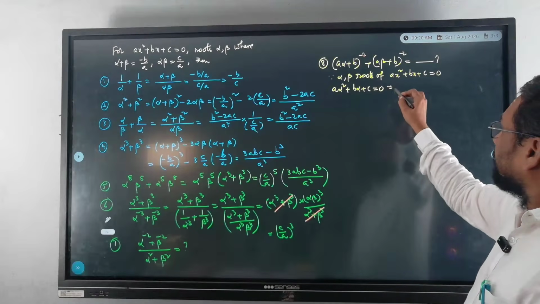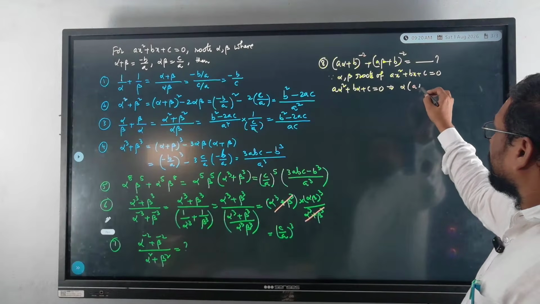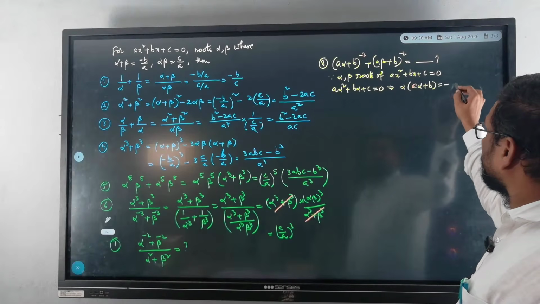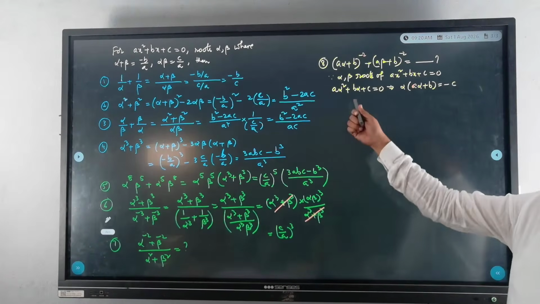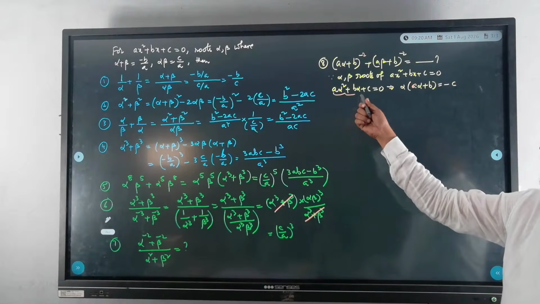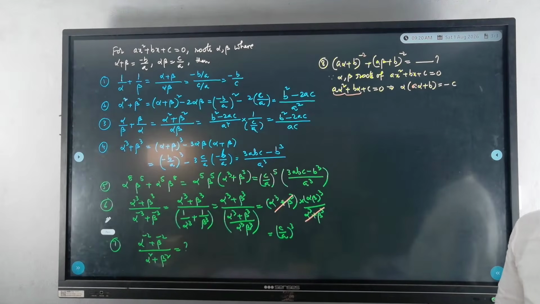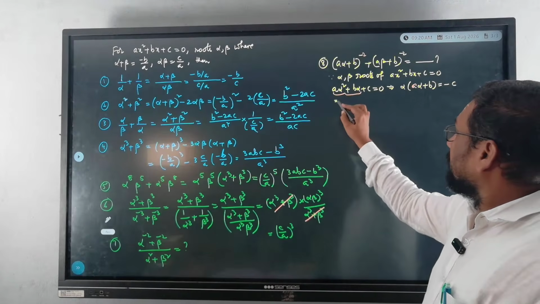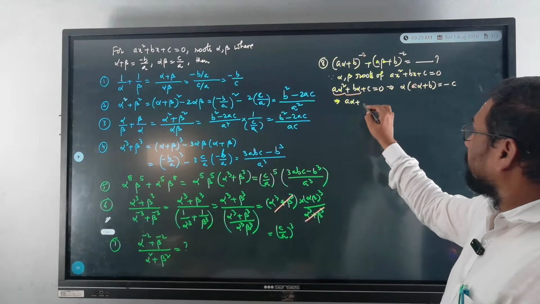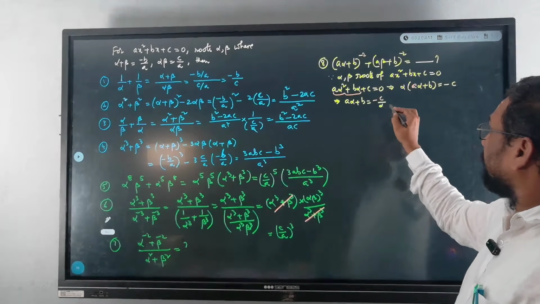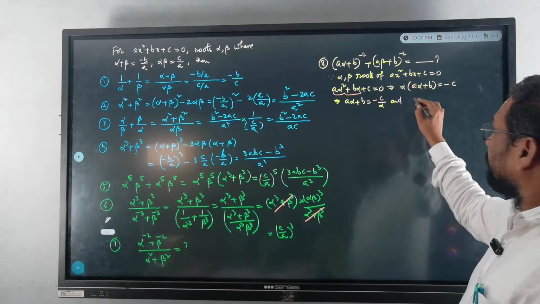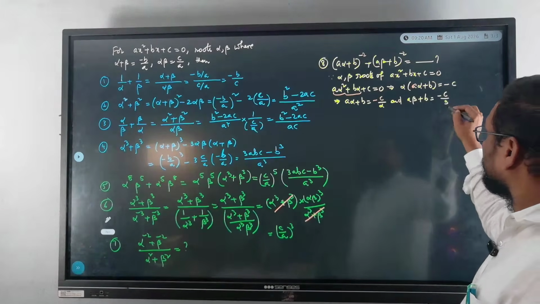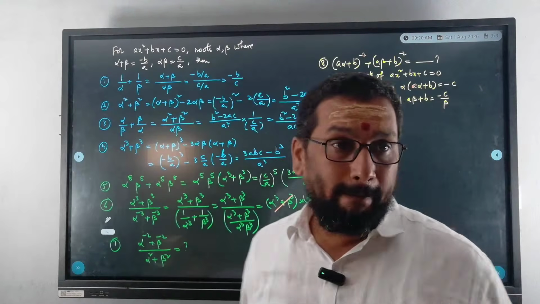That implies alpha is common, a alpha plus b is equal to minus c by alpha. In the same way, a beta plus b is equal to minus c by beta, right?